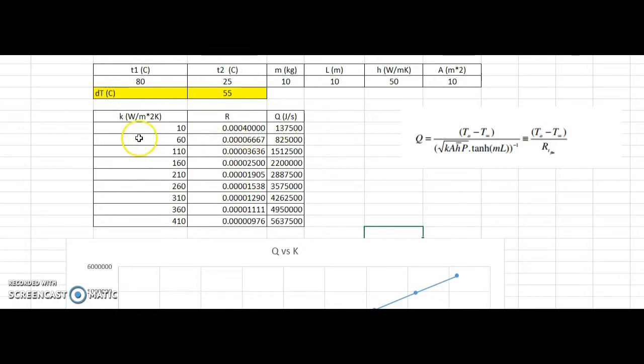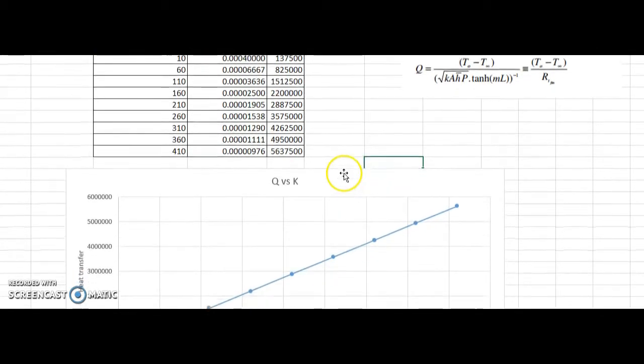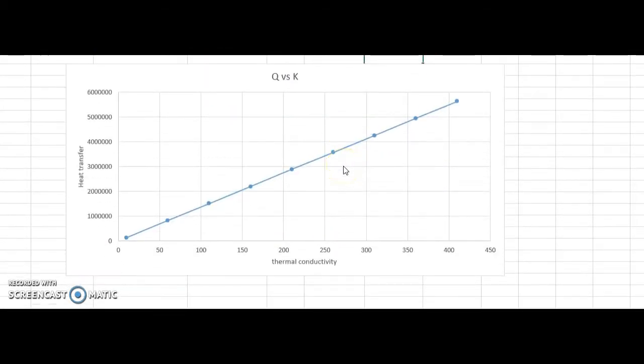Then we just need to increase the value of k, so that we can get the value of Q, to determine the relationship between k and Q. So then we plot the Q, heat transfer, versus thermal conductivity.